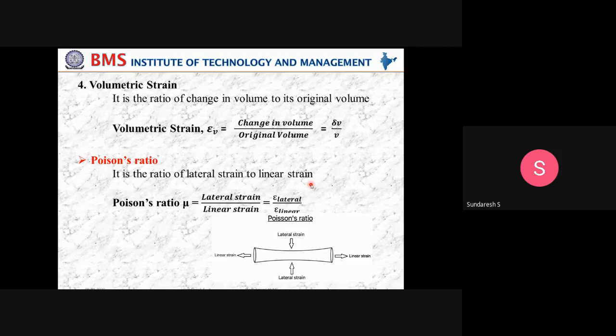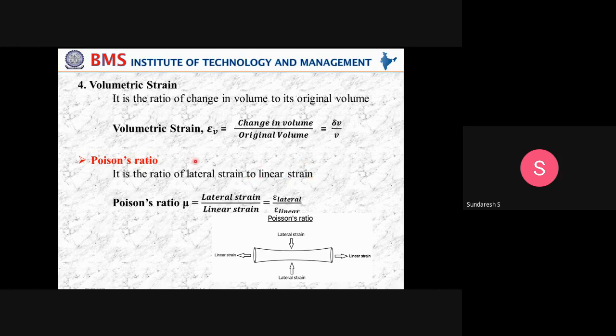The relationship existing between the longitudinal or linear strain and the lateral strain is in terms of a term called Poisson's ratio. Poisson's ratio is the ratio of lateral strain to the linear strain.